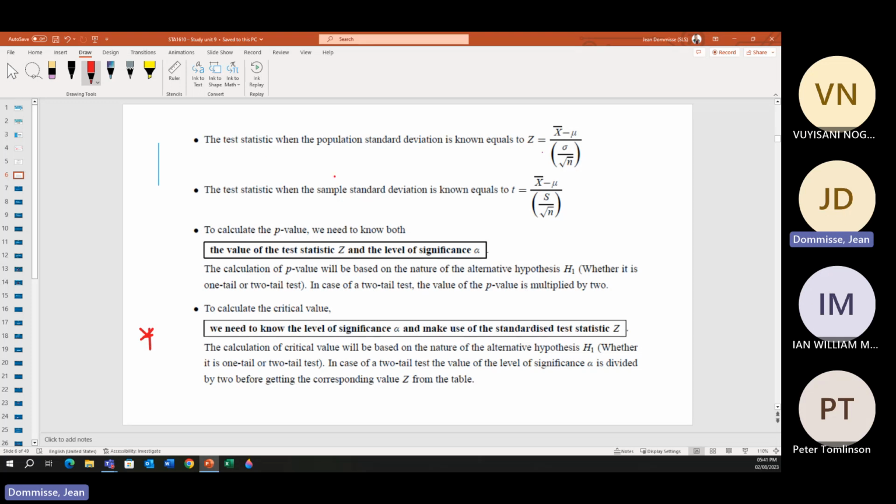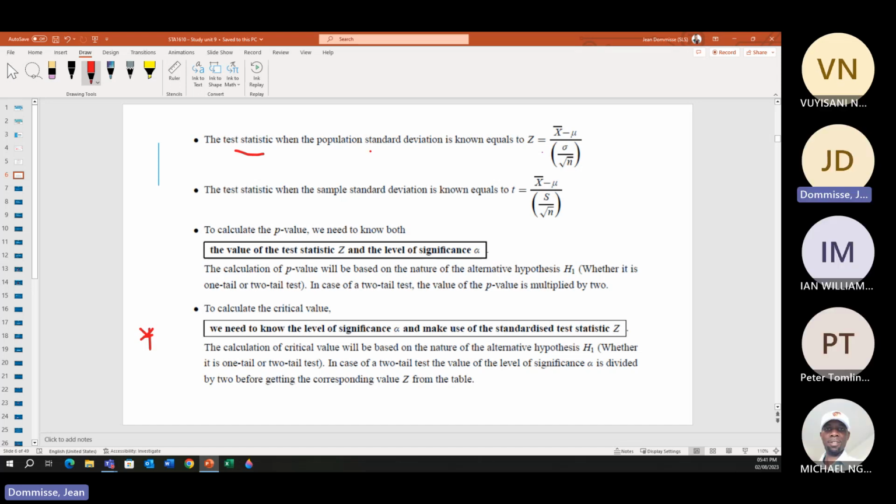Like in chapter 7, there was one where we looked at standard deviation that is known.